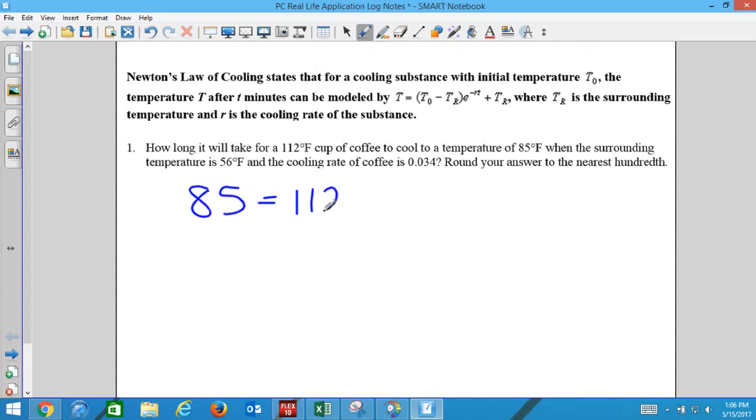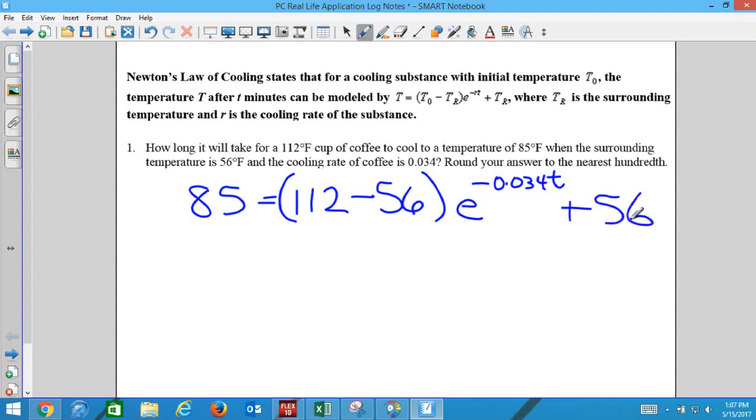The original temperature is 112 minus room temperature 56, multiplied by e to the negative cooling rate 0.034 times t, since we don't know the time, and then plus the room temperature, 56.